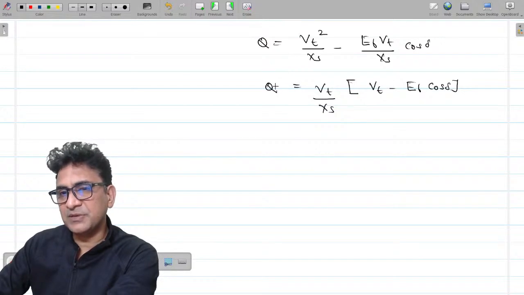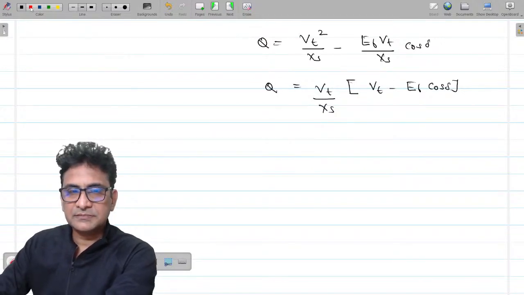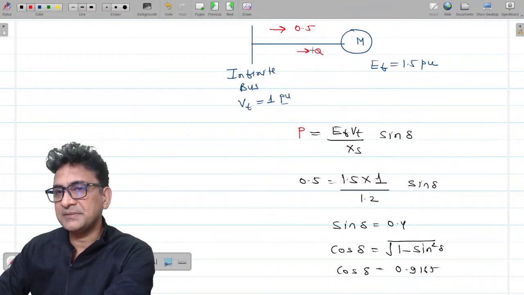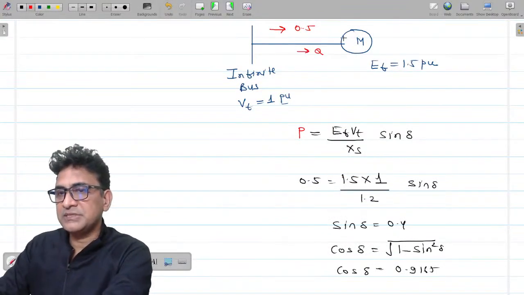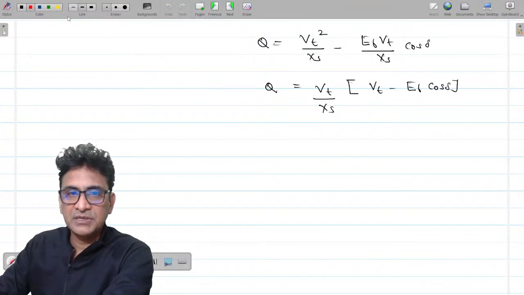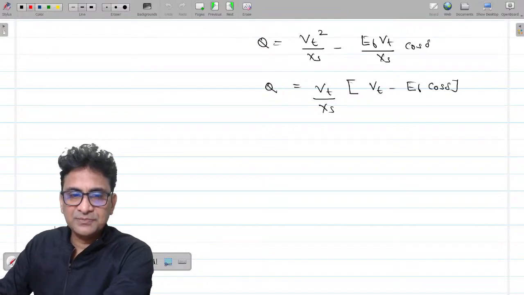As per this formula, the direction of reactive power is this. That means we are assuming that the motor is taking active power as well as reactive power. So just put the values here.